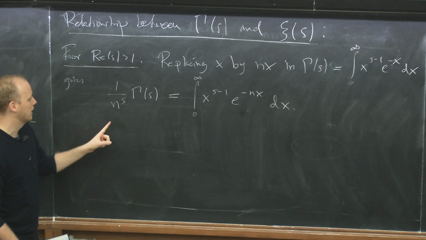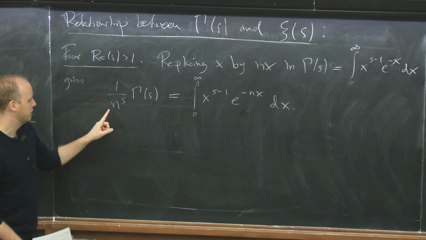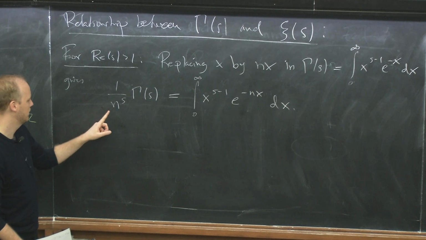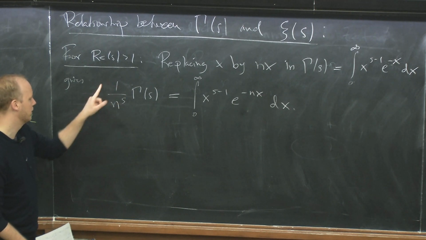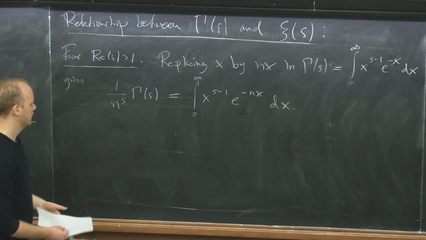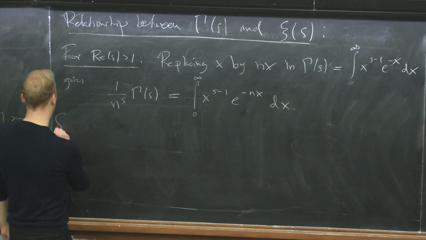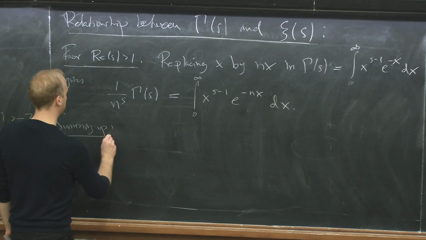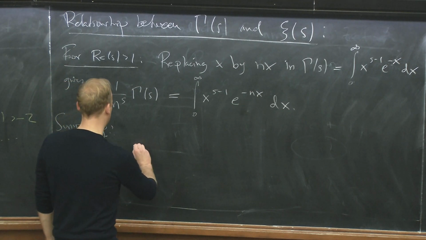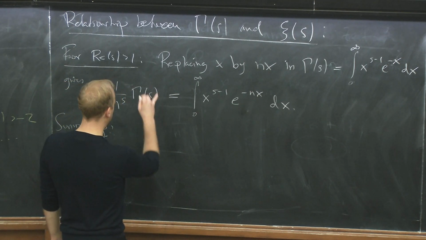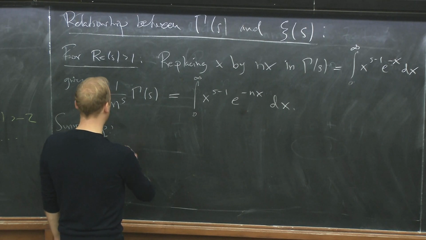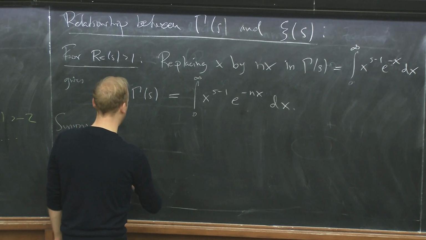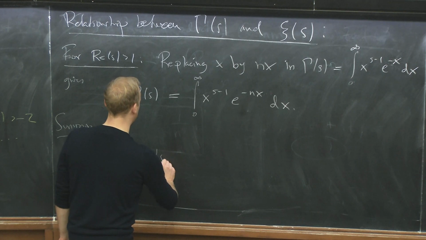Now this is good, because the definition at the moment of the zeta function was the sum over all positive integers of 1 over n to the s. So what I can do is sum up on both sides. On the left-hand side, I will get the zeta function of s times the gamma function of s.